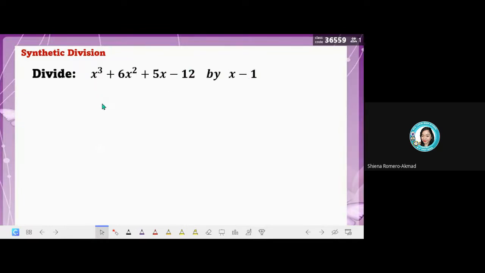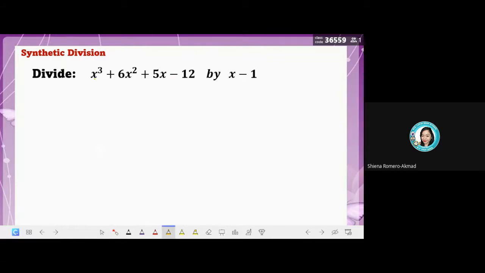Una, check muna natin if the terms are complete. So constant, x squared, x cubed, complete. Then, we are going to arrange. Dahil naka-arrange na siya, okay na yan. Pangatlo, you have to get the numerical coefficient. So kapag kinuha niyo po yung numerical coefficient, ibig sabihin, hindi niyo gagamitin yung variable.